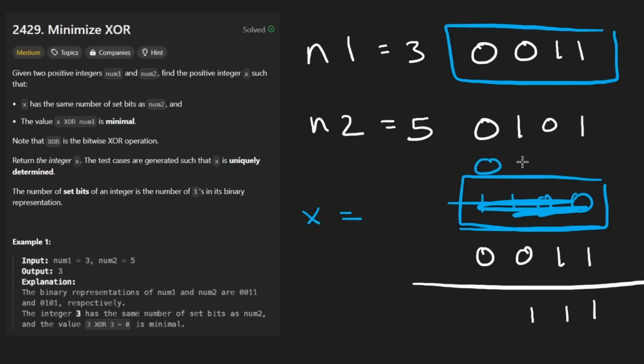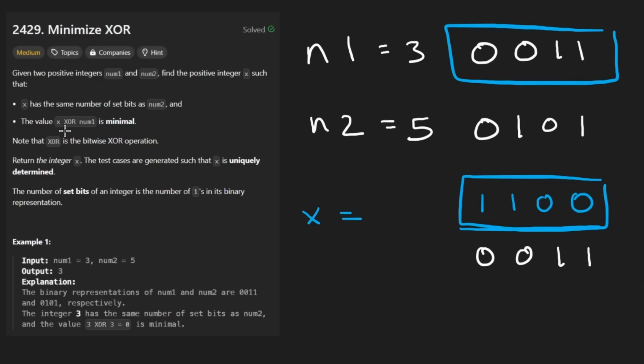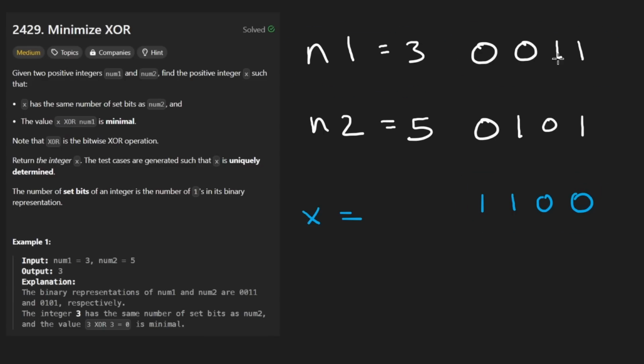We could have chosen 0011 in that spot, and then the XOR of it with that would have been all zeros. So this is the way to interpret this second condition. By making this XOR minimal, what we're trying to do is make x as similar to n1 as possible. If we could, we would literally use the exact same number. We would use 0011 for this example.